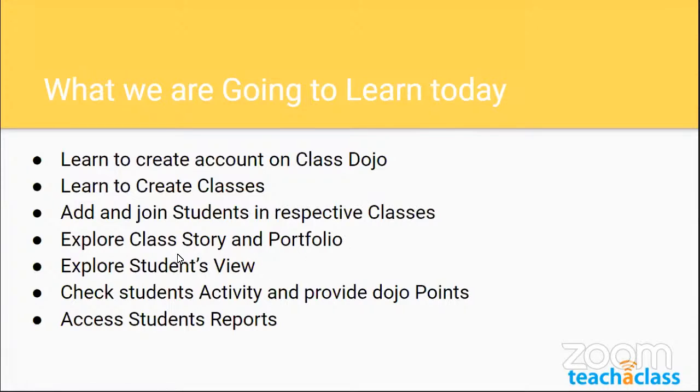We will also see how students see the classes and attempt the activity in the student view. We will also see how we can check students' activity and provide Dojo points. And then in the end, we will access the students' reports as well. So this is the agenda for today's class.